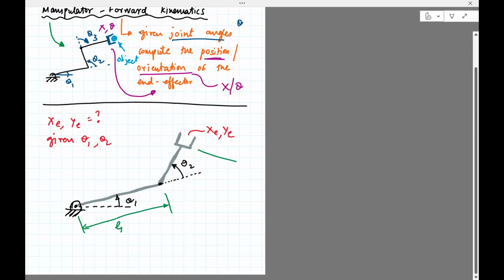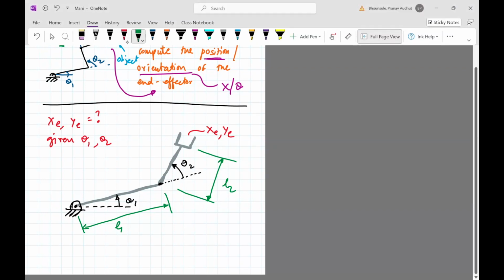L1, L2. Okay, now I'm going to name a few points so that will help us to then use that to get the frames.